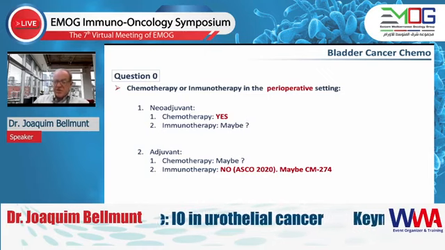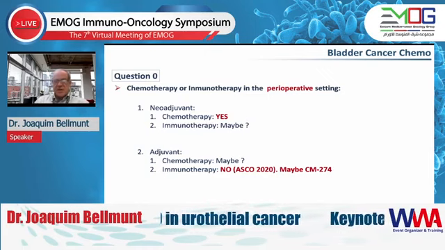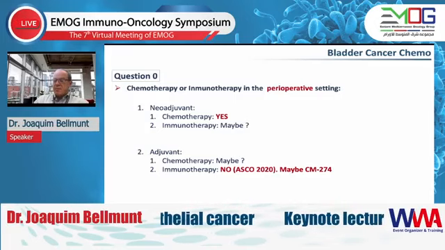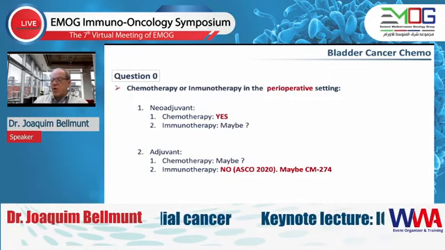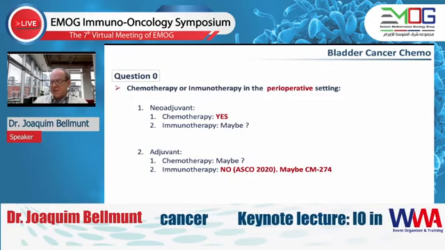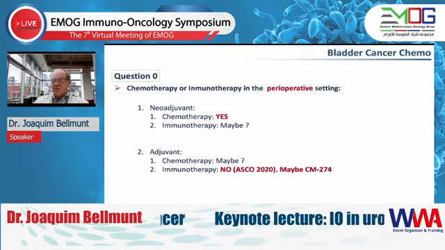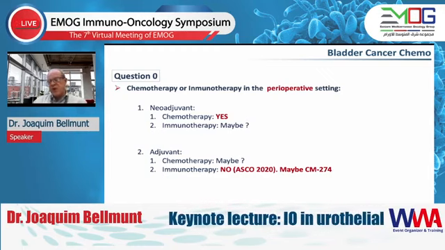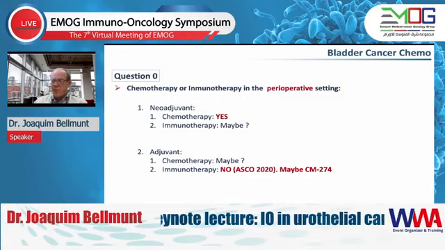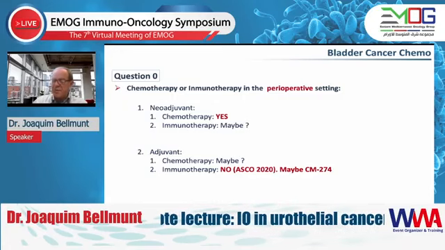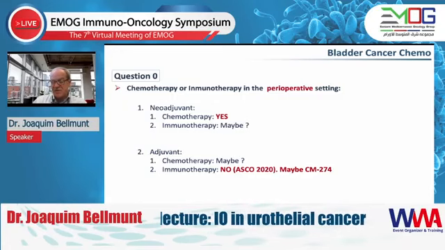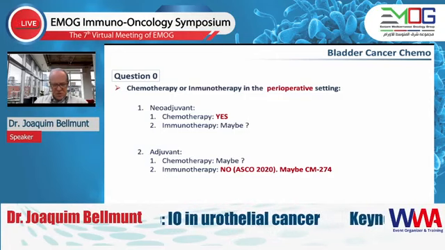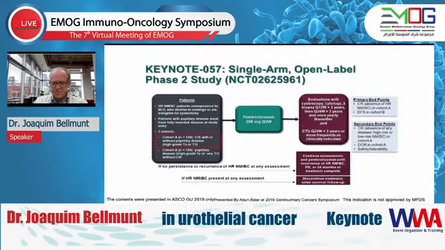For immunotherapy, based on ASCO and the Lancet Oncology, the IMvigor010, no role for atezolizumab, but for the CheckMate 274, progression-free survival benefit, we still don't know if this is impacting overall survival. And this is what people are questioning. If this trial is only positive for progression-free survival, are we going to use nivolumab as adjuvant after surgery? So we'll see how the future unfolds in terms of survival.